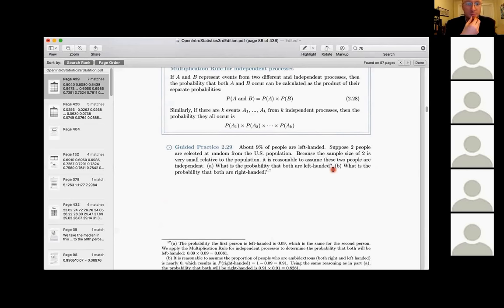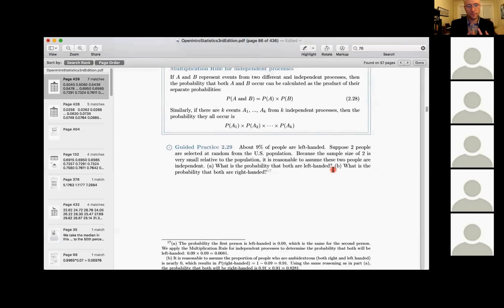What's the probability that they're both right-handed? That's the complement rule, and we can use that here because there are only 2 options. It's like the heads and tails example, so that would be 1 minus the probability of the event. So what we're doing here is talking about the independence assumption, which can work if there's a universal probability applied for the whole population, which is true for left-handedness, at least today.